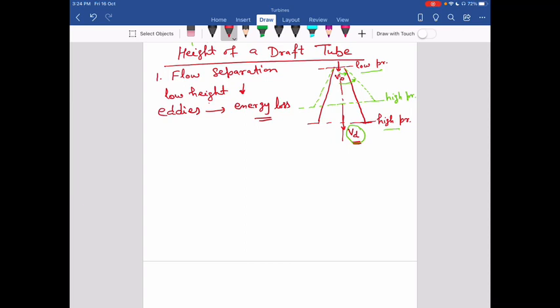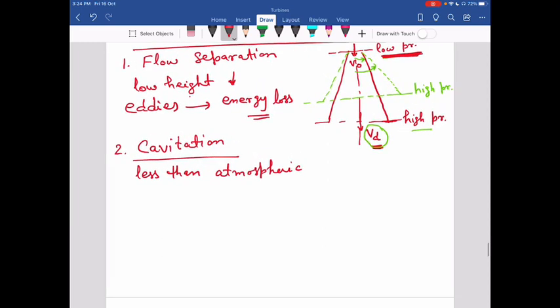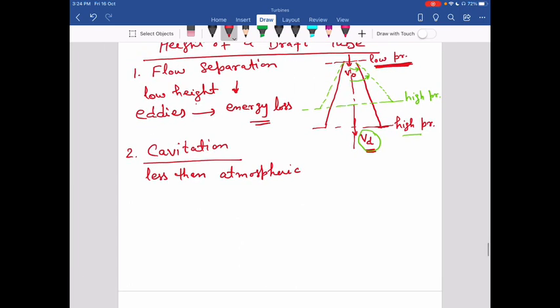The second factor is the cavitation. So as you can see, at the inlet to the draft tube, the pressure is low and that pressure is less than atmospheric by an amount equal to the height of the draft tube above the tail race level.